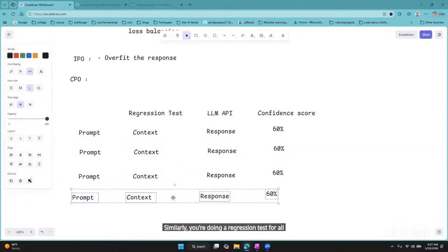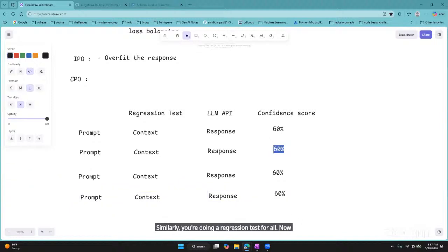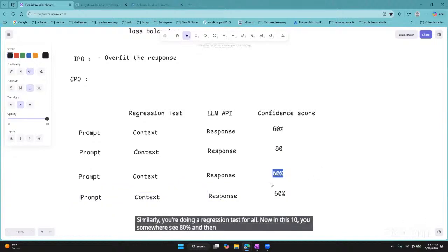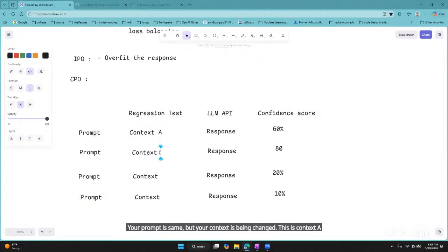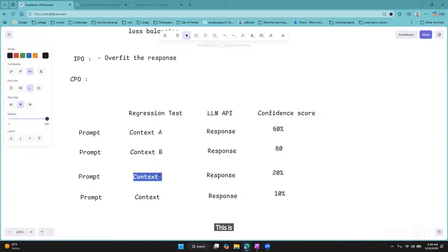Now in this, you somewhere see 80%, and then you see 20% for a few responses, because your context is getting changed here. Your prompt is the same, but your context is being changed. This is context A, this is context B, C, and D.